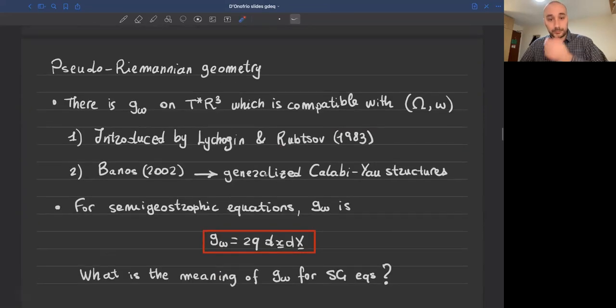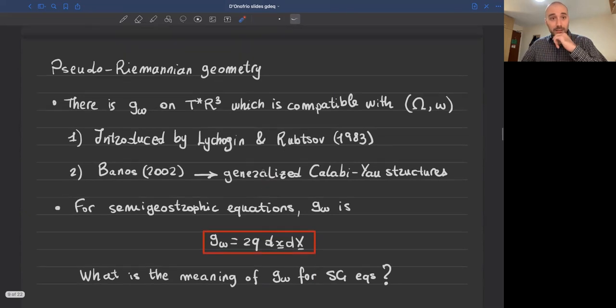It turns out that the phase space can be equipped with a metric which is compatible with the Monge-Ampère structure. This metric was introduced in the first place by Lychagin and Rubtsov, and this is why I'm going to call it the Lychagin-Rubtsov metric.